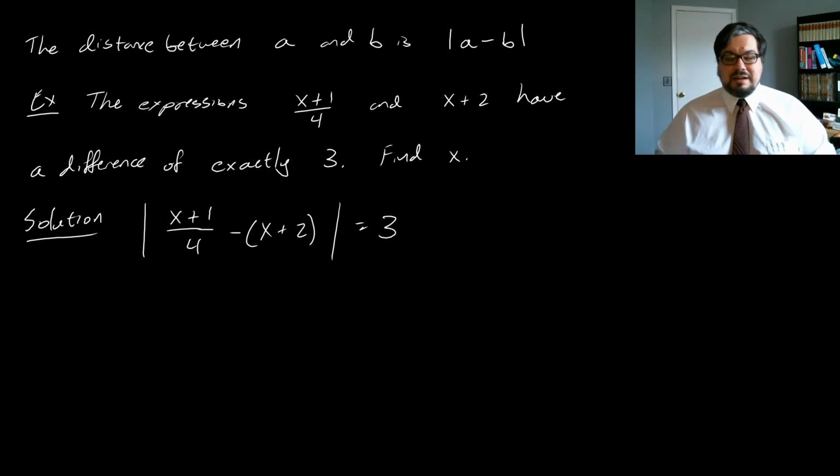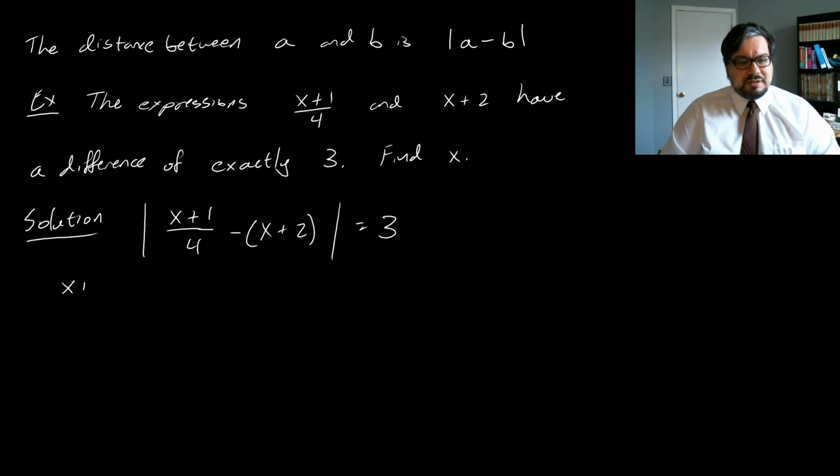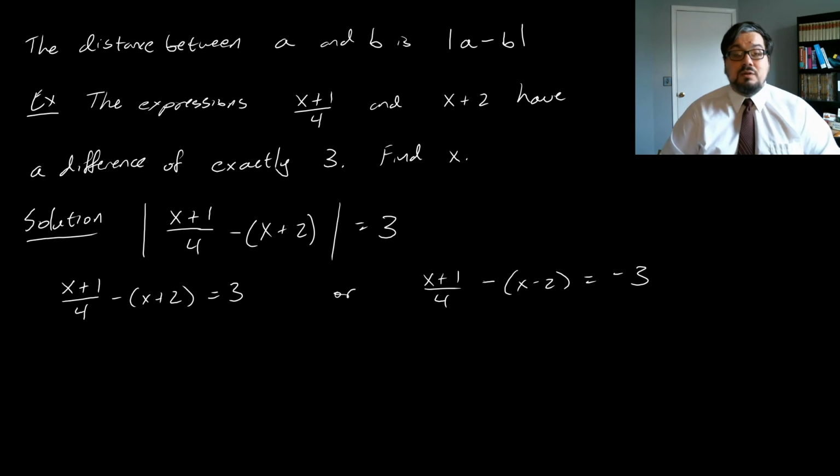Both ways work just fine. I'm going to split things up first. So I'm going to write this as x plus 1 over 4 minus (x plus 2) equals 3, or x plus 1 over 4 minus (x plus 2) equals negative 3. And now we'll solve these equations.